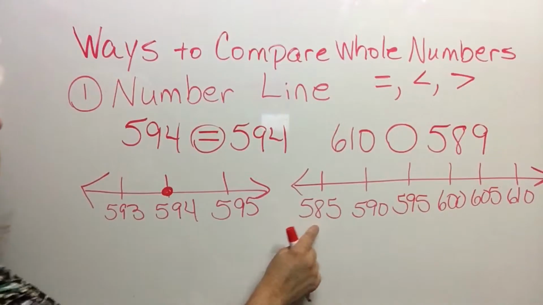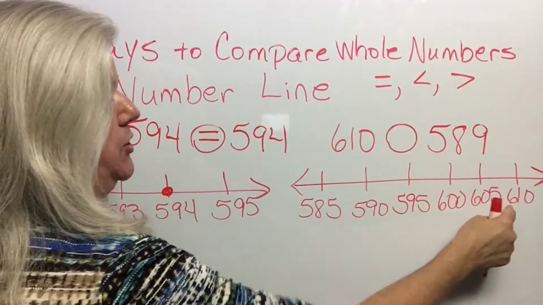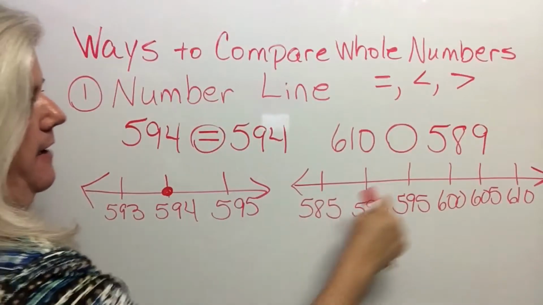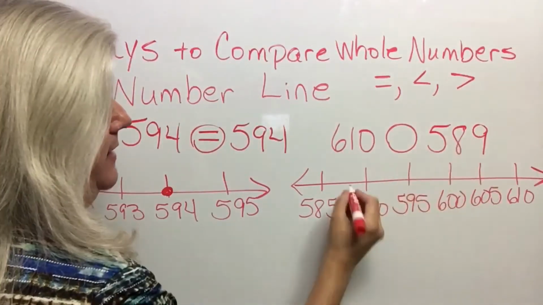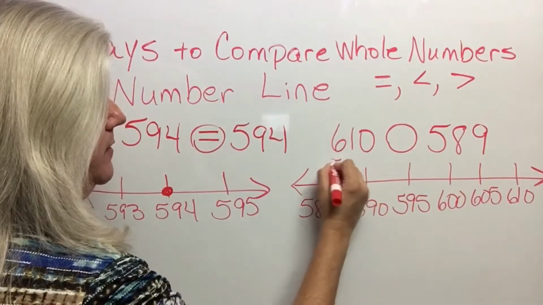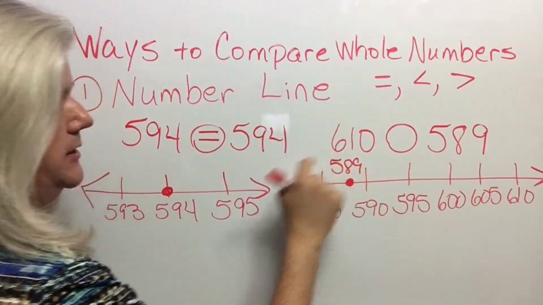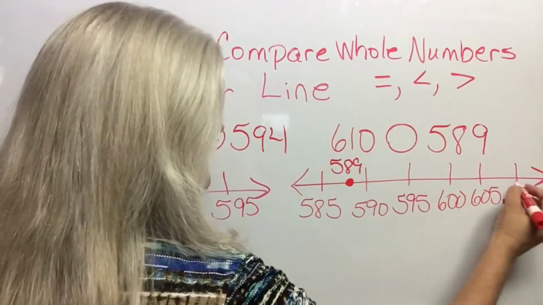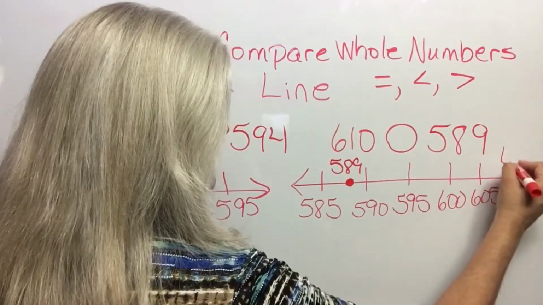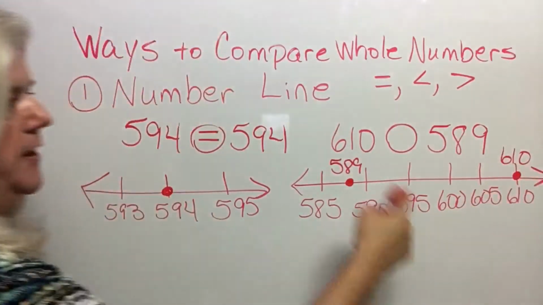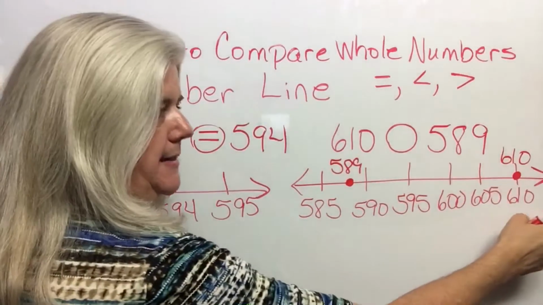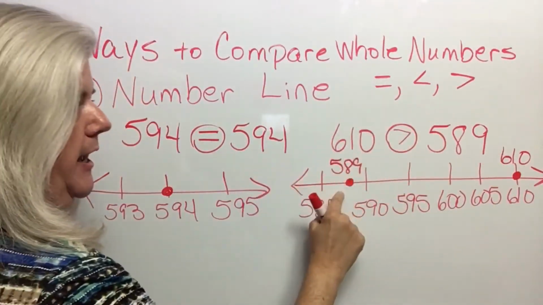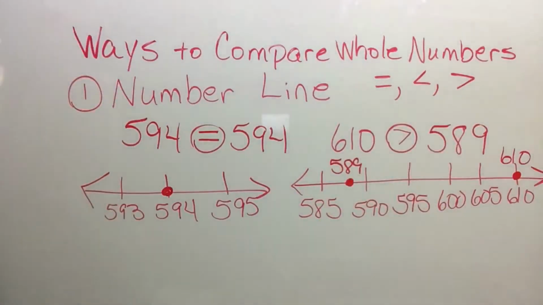I decided to count by fives because if I count by twos, my number line is going to get very long. So I can count by fives, and I know 589 falls somewhere in between here. And 610 falls on 610. So we know that numbers to the right are greater than numbers to the left, so I would use my greater than sign.